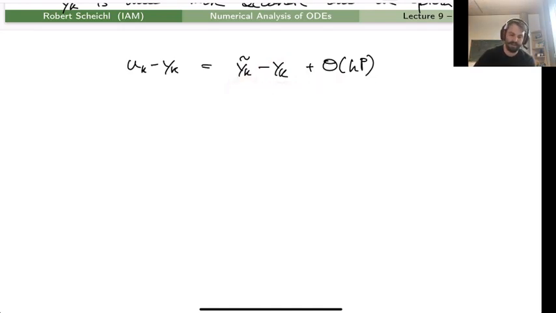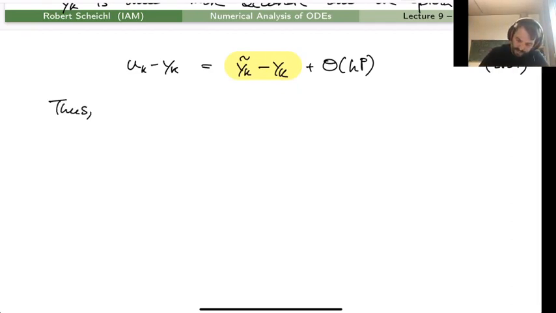So you see immediately that you can estimate the error by looking at essentially yk tilde minus yk, and we're back at our algorithm for time step adaptation.